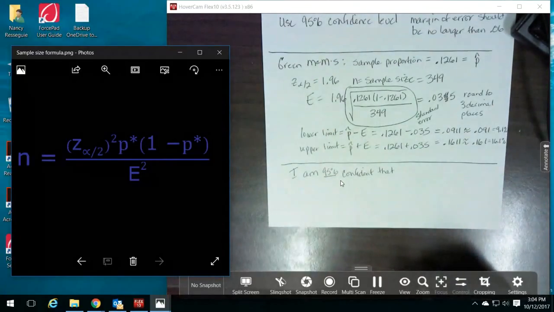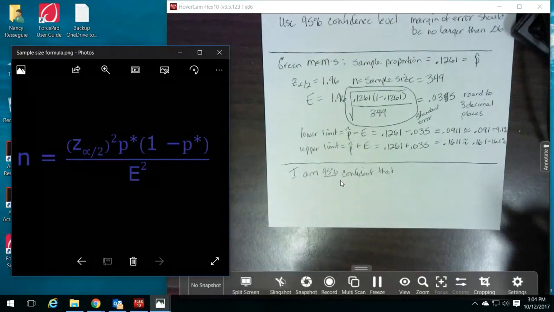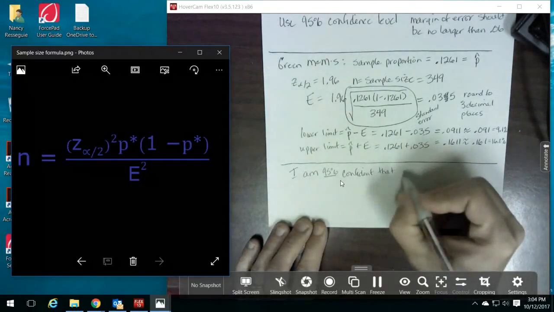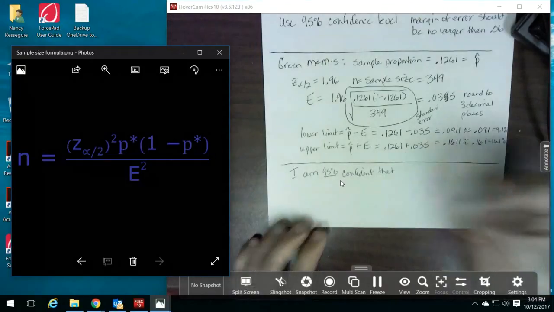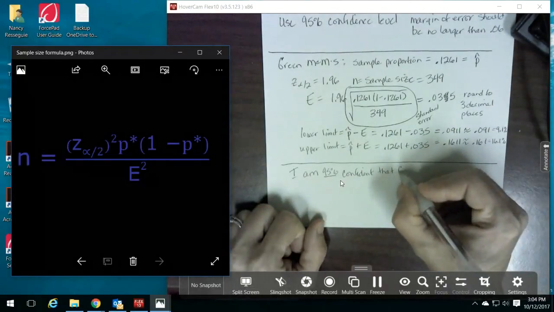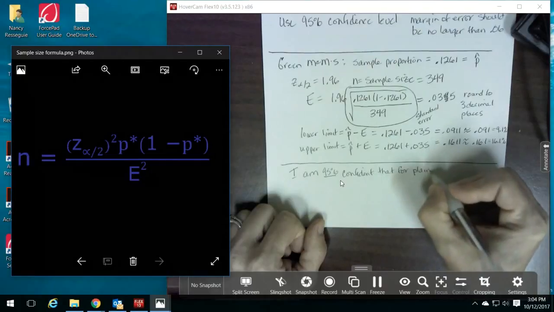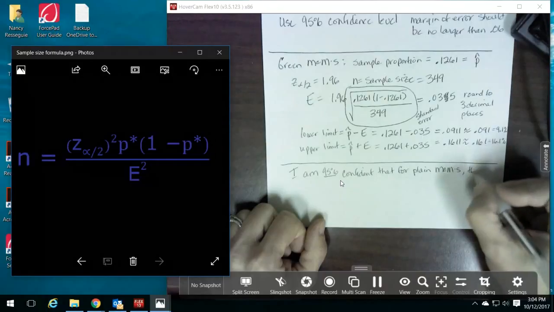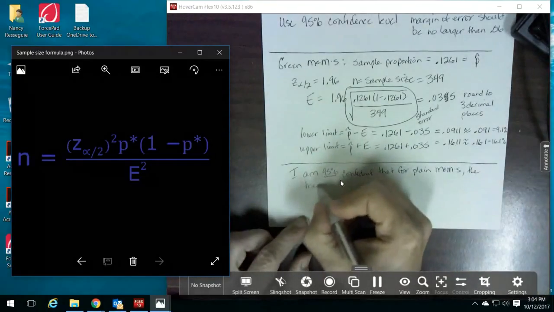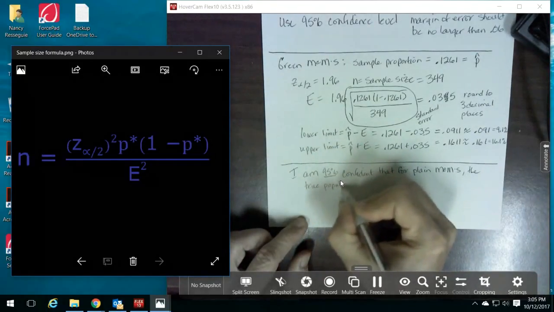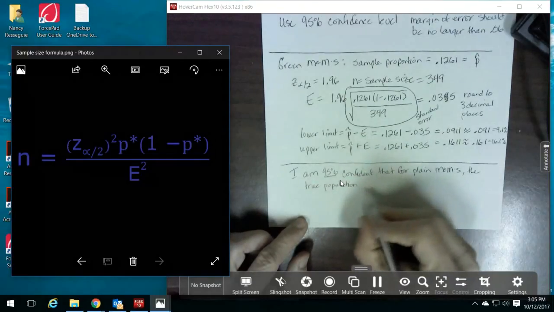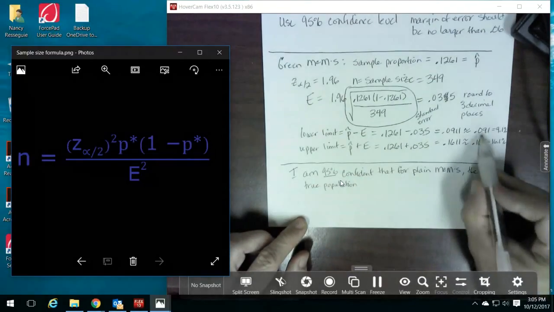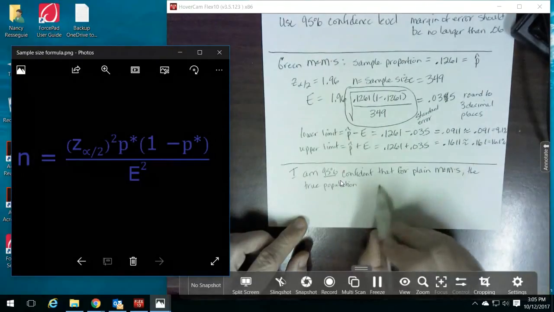Okay, and then for a confidence interval statement, we want it to be specific about what population we're talking about and what parameter we're trying to estimate. So in here, I want to put in somewhere what variety of M&Ms I had. So I'm going to say that for plain M&Ms, the true population, and here if I'm using proportions, so if I'm using it in the decimal form, I'd say proportion.